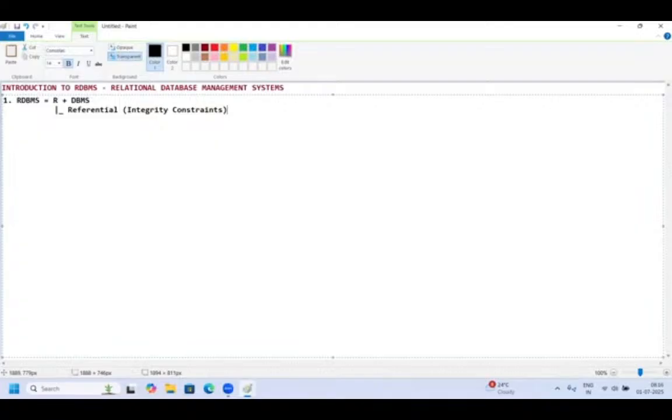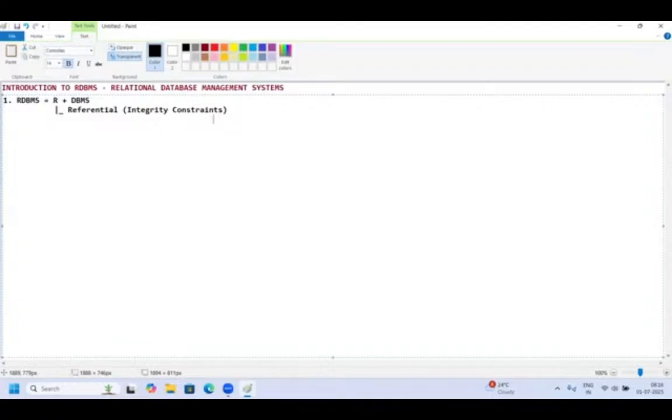Constraints are actually classified into three types. One is called domain integrity constraint. This is one category. I'm not explaining it, just giving you an idea. Second is called entity integrity, and third one is called referential integrity constraint.